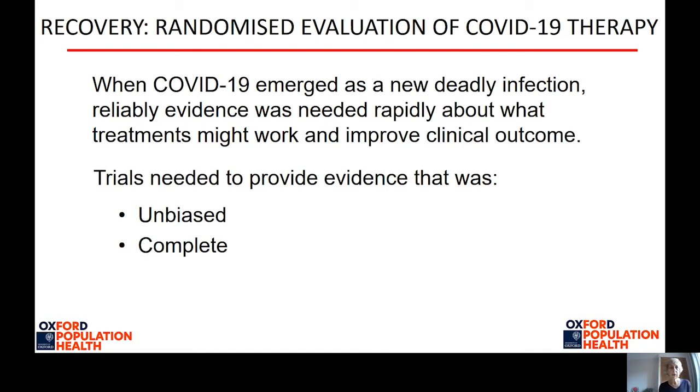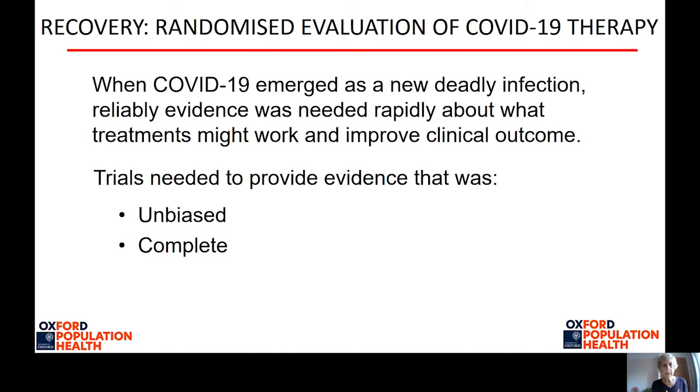When the COVID-19 pandemic from SARS-CoV-2 emerged at the beginning of 2020, it was recognized very early on that this was a deadly infection, and reliable evidence was needed about what treatments might work and improve the clinical outcomes.